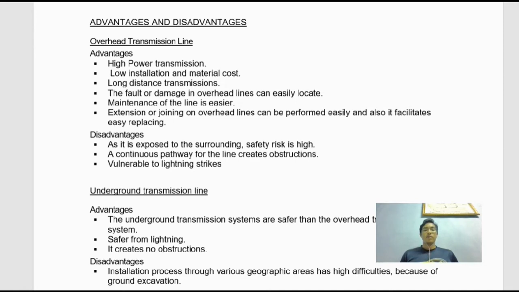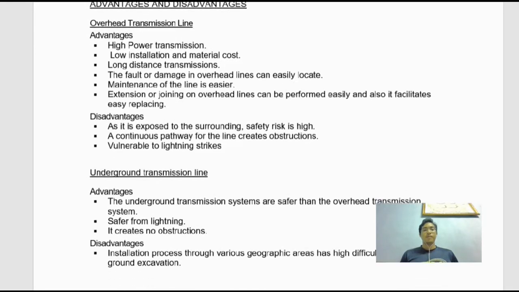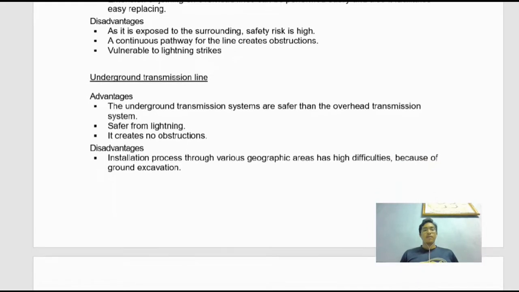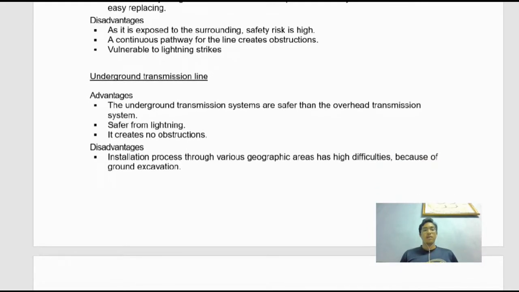For the disadvantages, it is exposed to the surroundings and the safety risk is high. Next, a continuous pathway for the line creates obstruction, and it is vulnerable to lightning strikes.